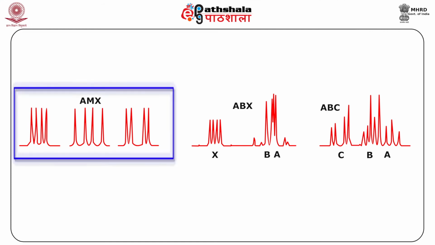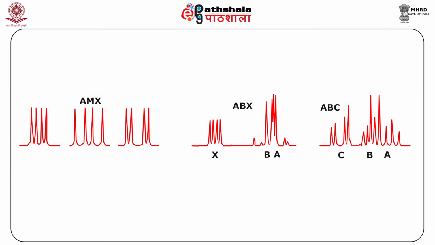Let us come to the study of AMX type of systems now. In the AMX system, students, 3 non-equivalent protons are present with a large value of delta nu by J ratio. Many vinyl systems such as CH2 double bond CHY display an AMX system, where Y is a strongly electronegative substituent. There are 3 coupling constants for such systems.